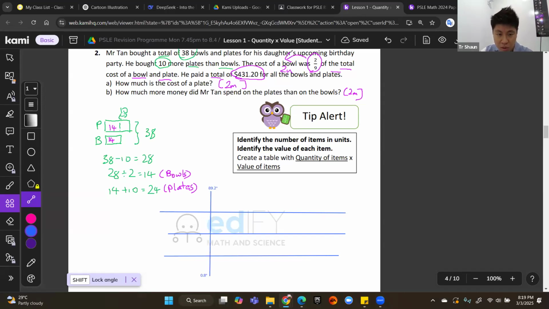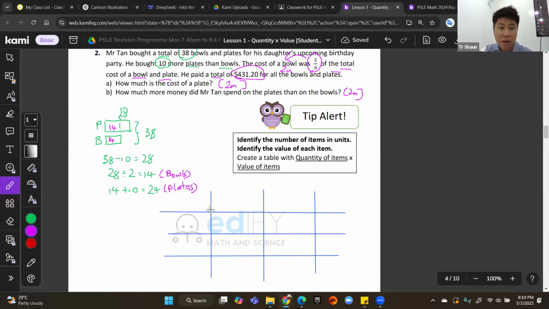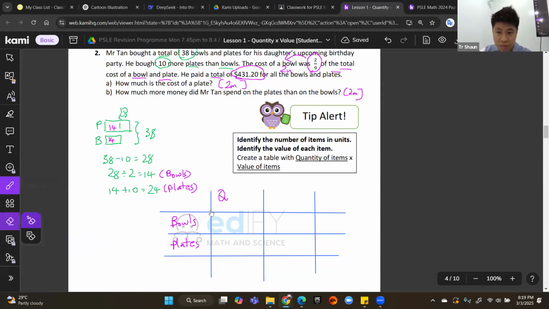We need to have quantity, value, and items. Over here we can have bowls, and over here we can have plates. And here we have quantity.